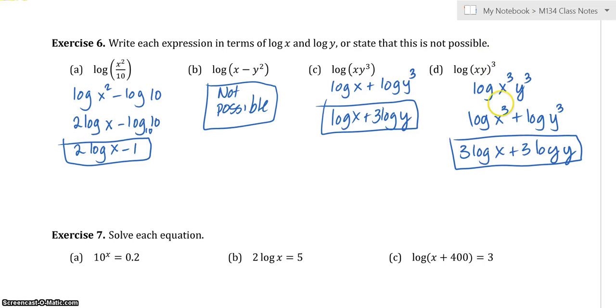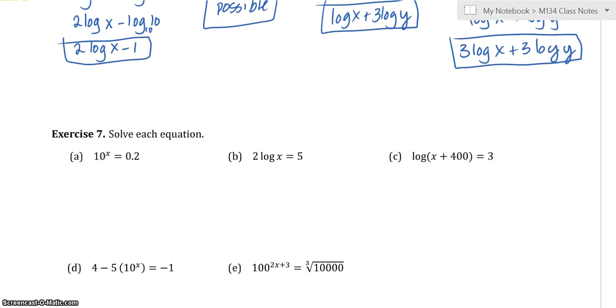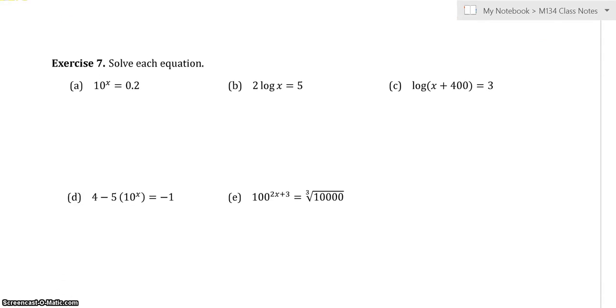But notice how I just did it in my head. I realized that there's x cubed, so that would be 3 log of x plus 3 log of y.